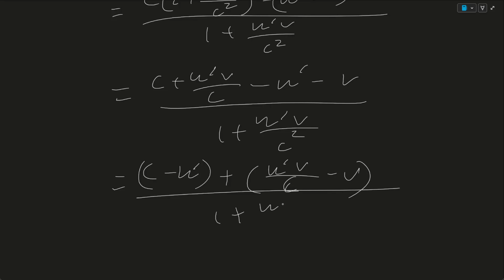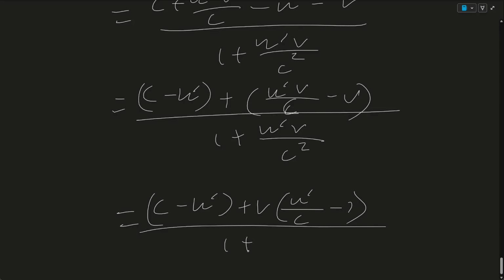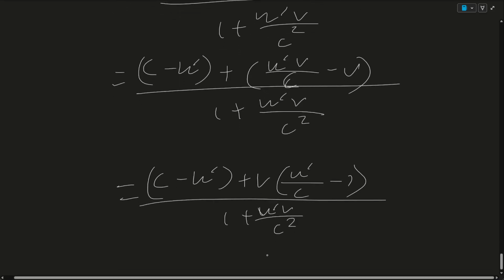Yeah, 1 over 1 plus u dash v over c squared, and then pull out the v, which is c minus u dash plus v, sorry, u dash over c minus 1 over 1 plus u dash v over c squared.